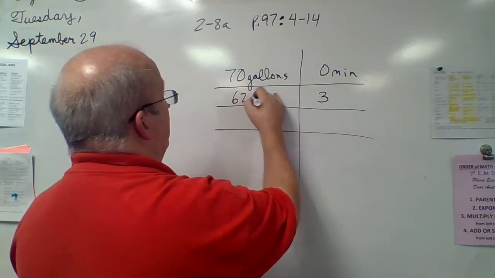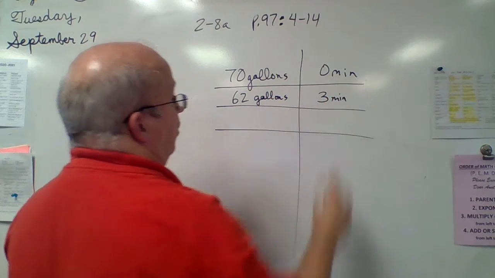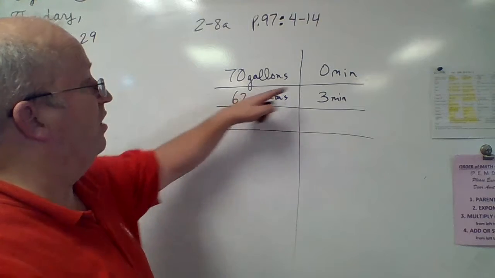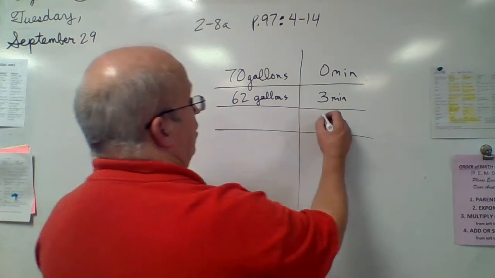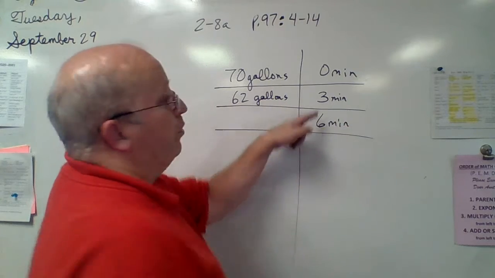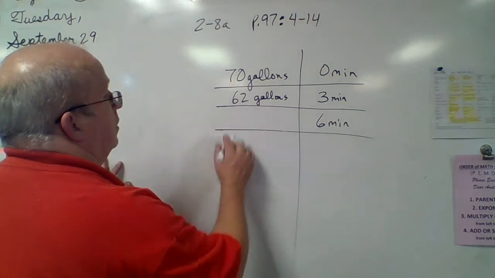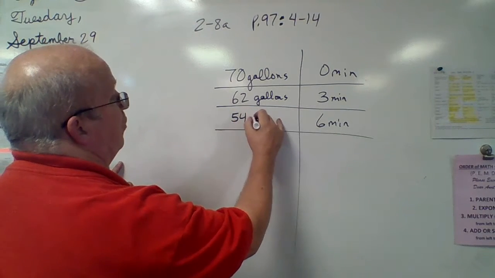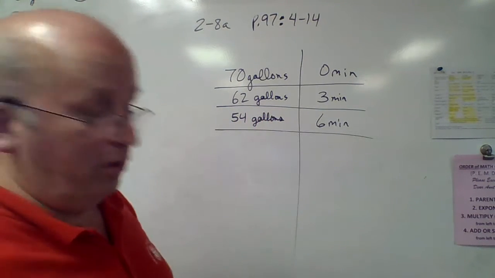Wouldn't it have 62 gallons? The book says it's losing 8 gallons for every 3 minutes, right? 6 minutes later, another 3 minutes, how many gallons is it going to have? Isn't it going to have 54 gallons? Because you have to subtract another 8 gallons from the previous number.